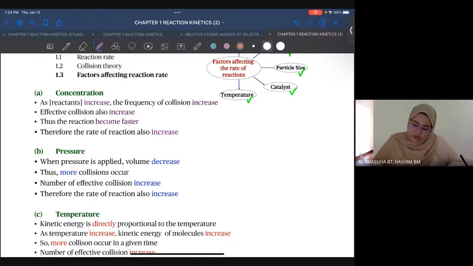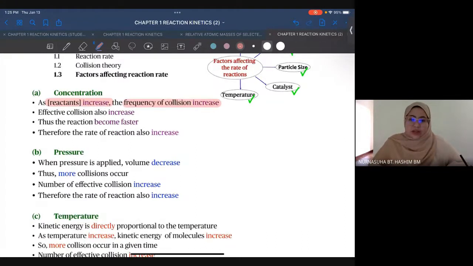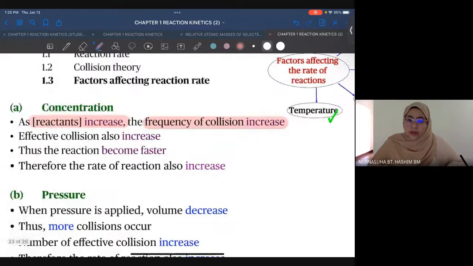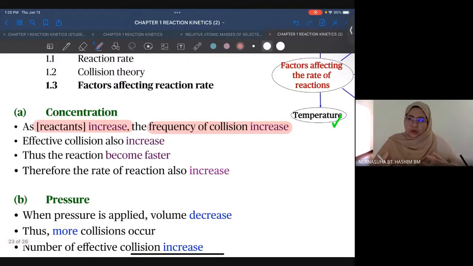So the first one is concentration. As the concentration increase, the frequency of collision also increase. So bila banyak reactant ataupun concentration tu bertambah, banyak molekul kan? So more collision occur. Tadi awal-awal tadi madam ada bagi tahu untuk reaction tu berlaku mesti ada collision.